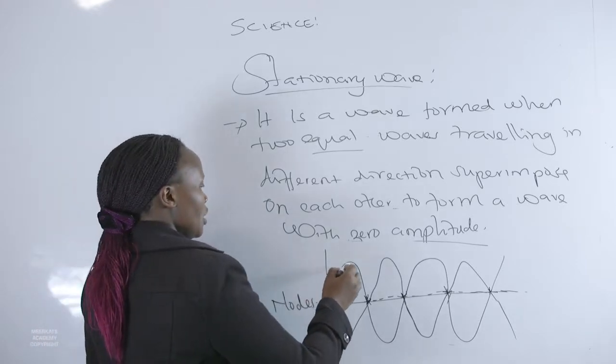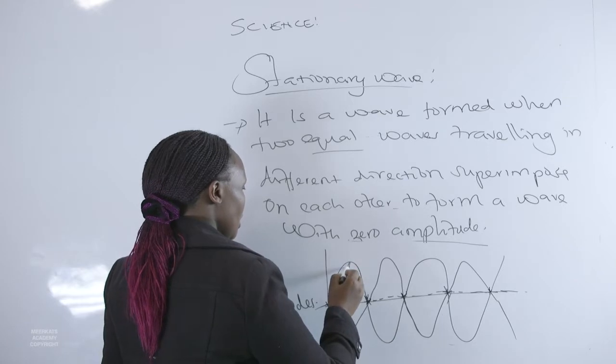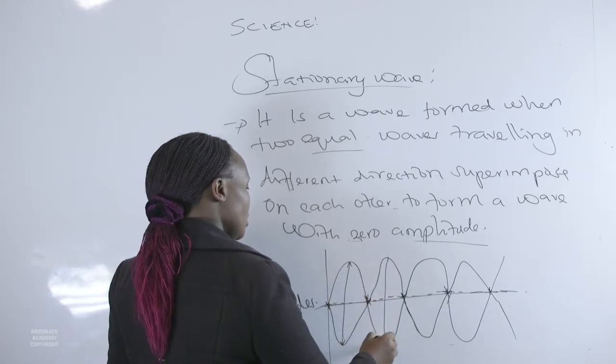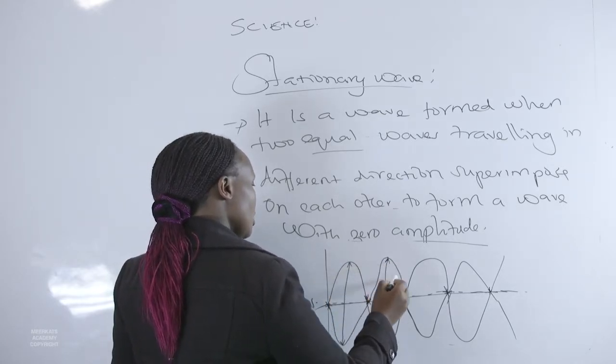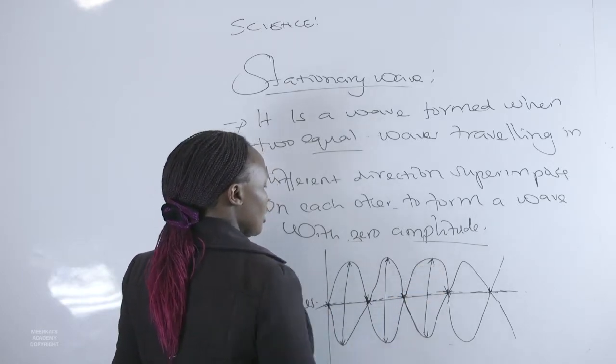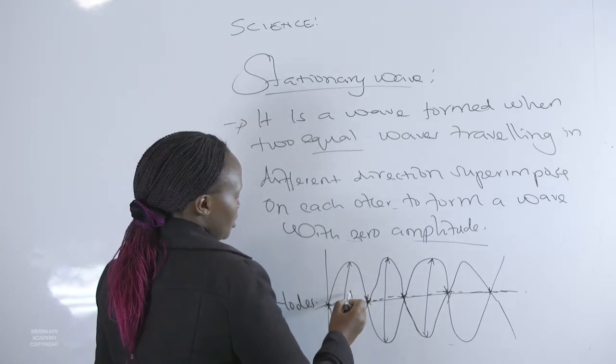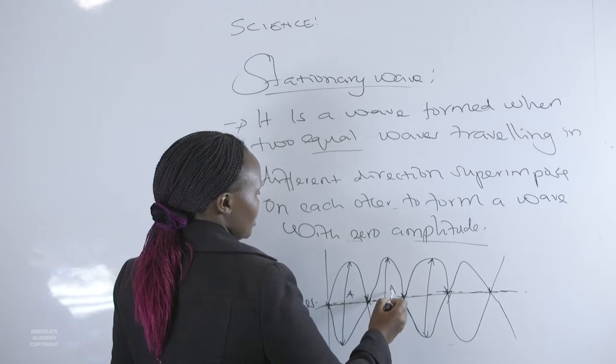However, at other points our wave has maximum amplitude, meaning maximum displacement. These areas we call antinodes.